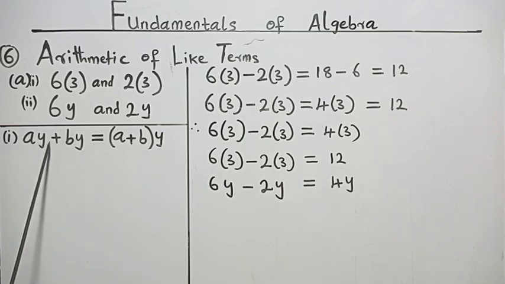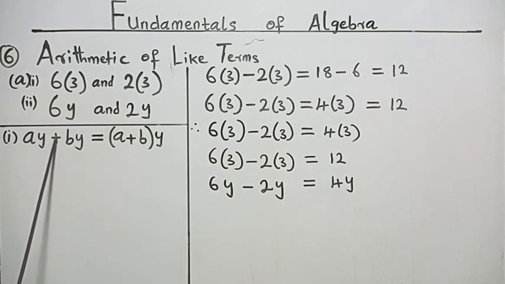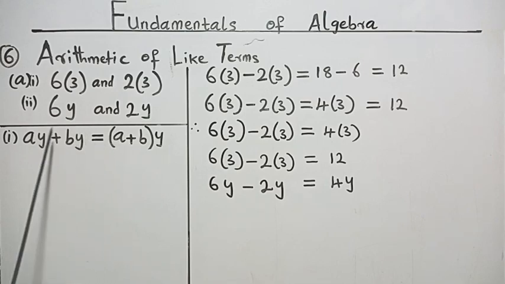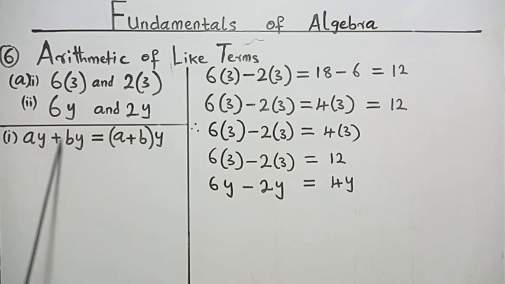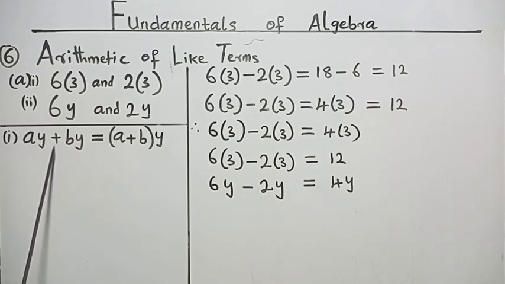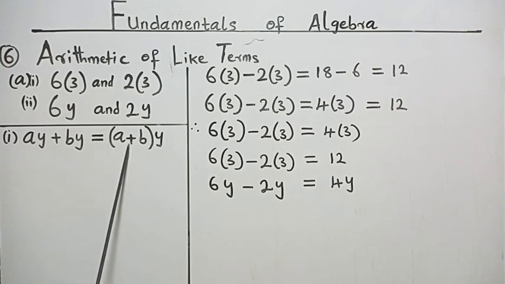I'll simply come here and write plus or minus, meaning that whether we are adding like terms or subtracting like terms, this structure is the law on how to do such. Please follow me as I append minus under here and minus under here to reflect plus or minus in each case. And that is it.